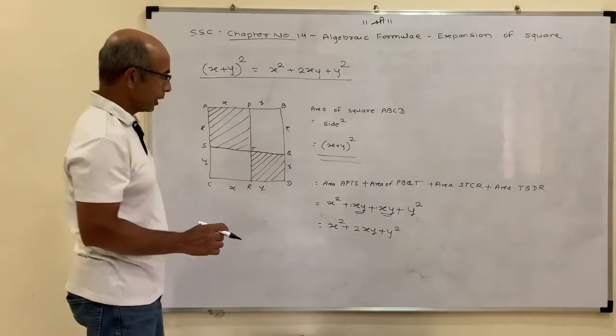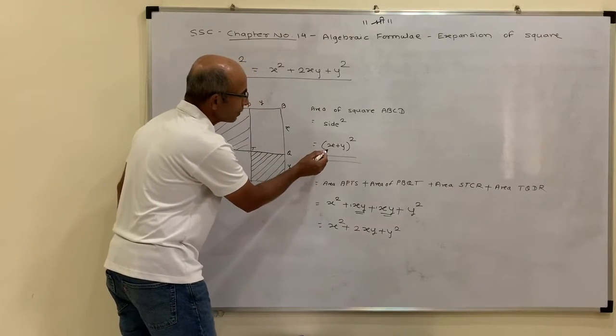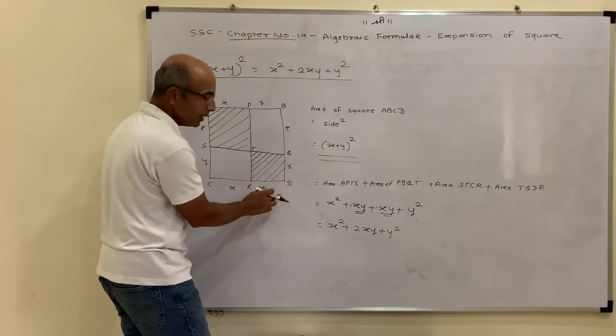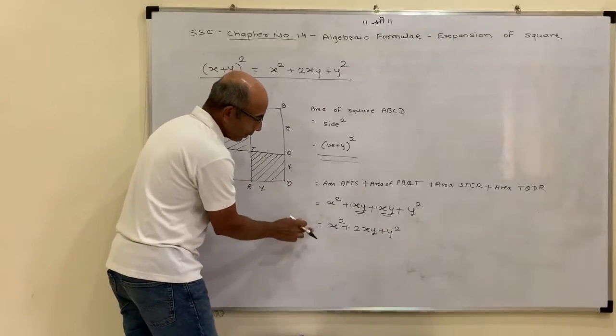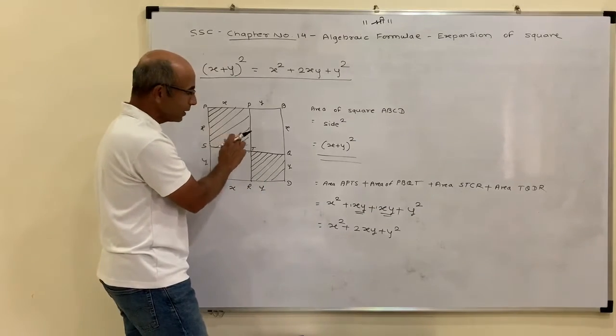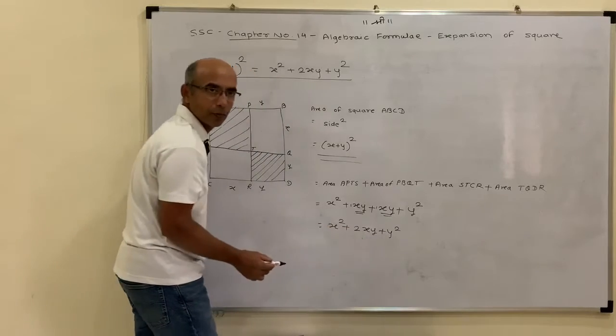Right? So now when we calculate, what is (x plus y) square? It is the area of ABCD, and (x plus y) square we find out with these 2 squares and 2 rectangles comes out to be x square plus 2xy plus y square.